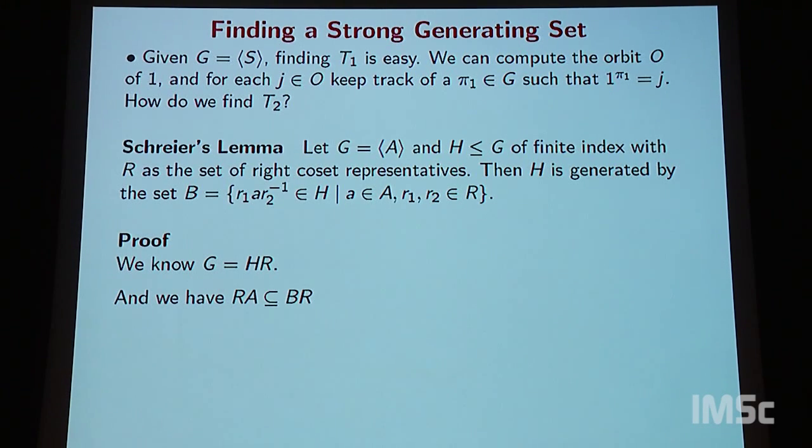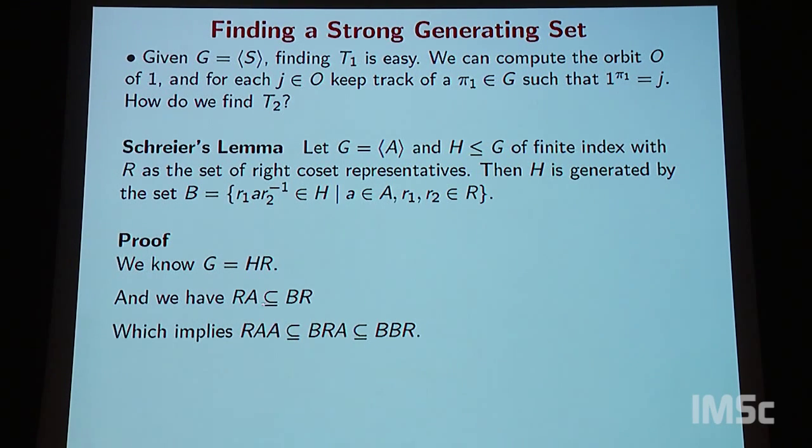If at all, this is the same thing as saying R1 A belongs to H R2. So clearly R1 A is going to belong to a unique right coset. So there is exactly one choice for R2. So cardinality B is bounded by cardinality A times cardinality R. Okay. So notice therefore by the same reasoning I just gave you that RA is contained in BR because that's the way it's defined.